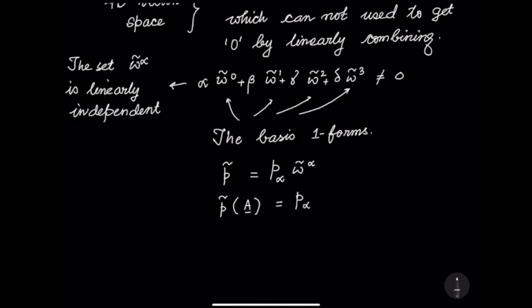So P, I can write P alpha times the same rule with the unit basis, the basis one form now. I'm sorry, this is A, not E. This will operate on A.